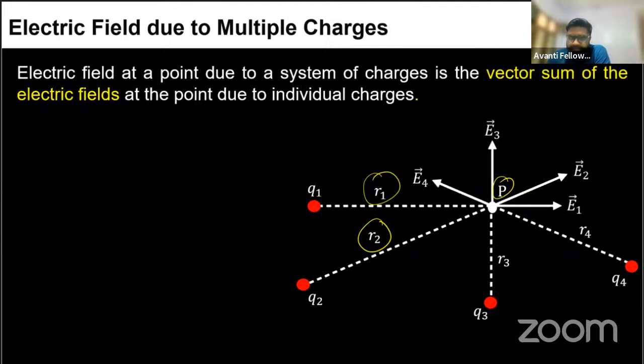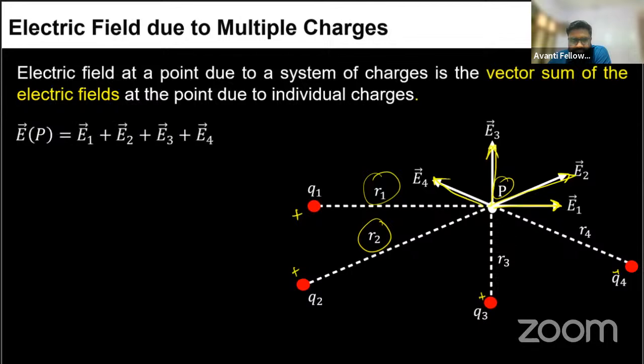So these are all of the same nature. Suppose these are all positive, because electric field is away from them. So definitely these charges will be positive in nature. So this is the field by E1, radially outward, radially outward, radially outward, and this is also radially outward. So we can say that the net electric field at point P is E1 plus E2 plus E3 plus E4.